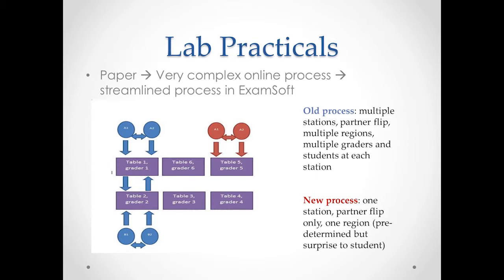But it has simplified our grading process within ExamSoft quite a bit. This serves as an example of how you can tailor a very complex process to make it work within ExamSoft, and how we have structured our practicals to make it as simple as possible for both our students and our graders.